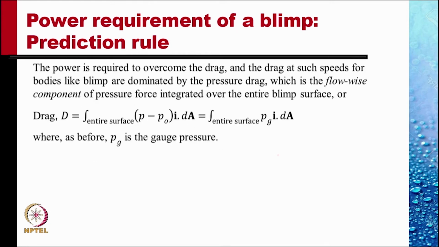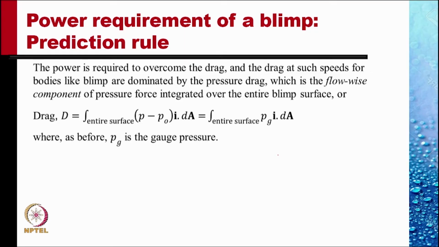The power is required to overcome the drag. And the drag at such speeds for bodies like a blimp is dominated by pressure drag, which is the flow-wise component of pressure force integrated over the entire blimp surface, or that the drag D is the integral over the entire surface of P minus P naught into I, that gives the force in the ith direction, dot dA.